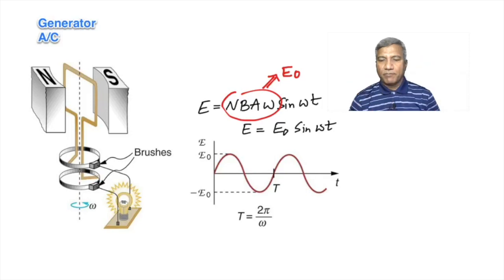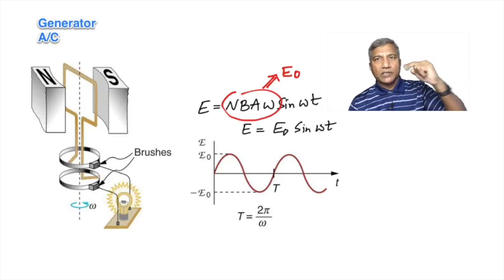That's why it's called alternating EMF. And also these 4, as I explained, are constants, and it's called the peak value of the EMF, which is E naught here. So whenever we talk about alternating EMFs or currents, it's going to have a peak value.